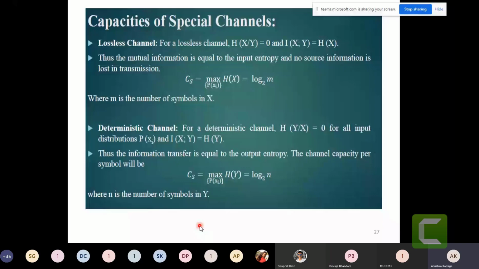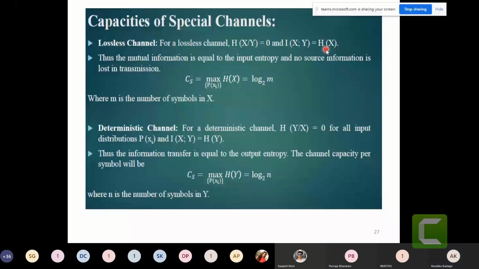And if such a condition is there, obviously the conditional entropy value for such a lossless channel will always become equal to 0. And if H(X/Y) is 0, then the mutual information I(X;Y), which was obtained as H(X) minus H(X/Y), will become simply H(X).